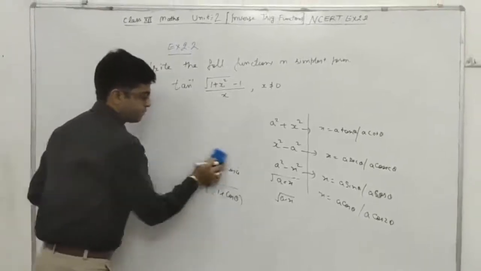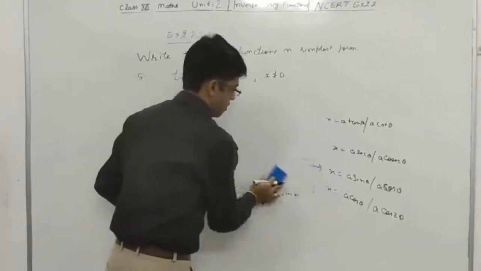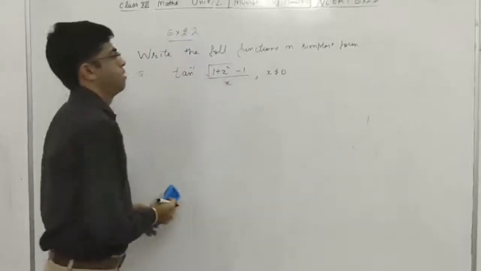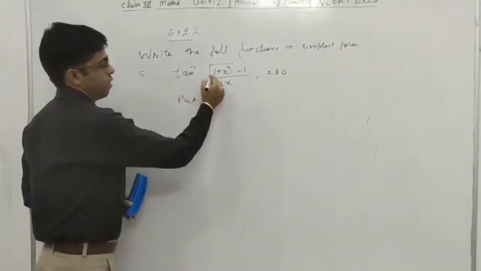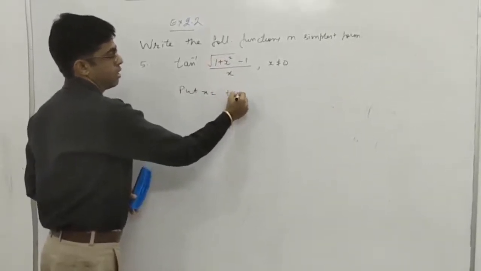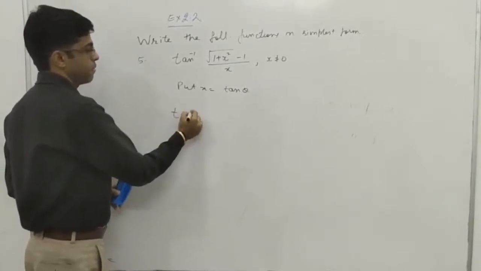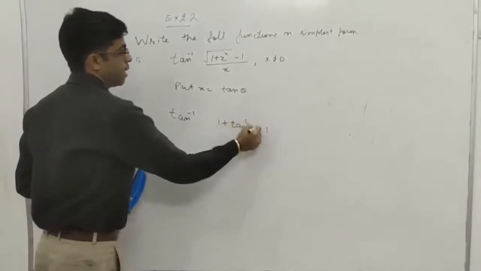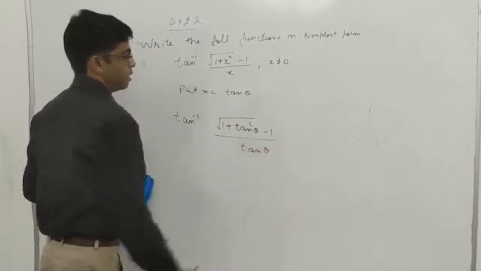So now in this question, this is 1 plus x square, so I am putting x equals tan theta. So this will be tan inverse of (1 plus tan square theta minus 1) upon tan theta.